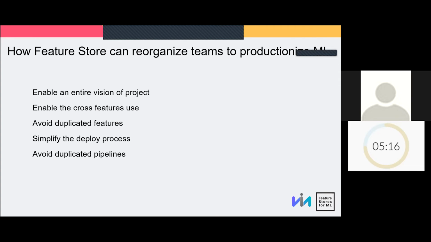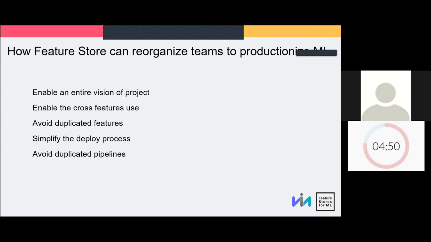The second one is the use of cross features. When we start using the feature store, it enables the use of cross features in projects, enabling the use of features from a logistic model in a financial model. This helps maintain a unique repository of features, and at the moment of productionizing models, they are all in the same place.